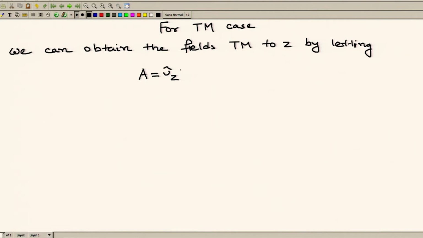uz psi. Okay. Now, in cylindrical coordinates, we will find the fields.